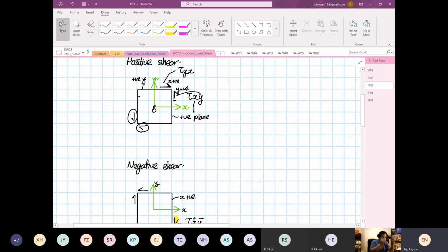The unique thing is how the structure deforms. So I'm going to draw to you how the structure deforms. It's basically where the two arrows are, you have to pinch both of them. What do I mean by pinch? When you pinch both of them, this is the deformation pattern.